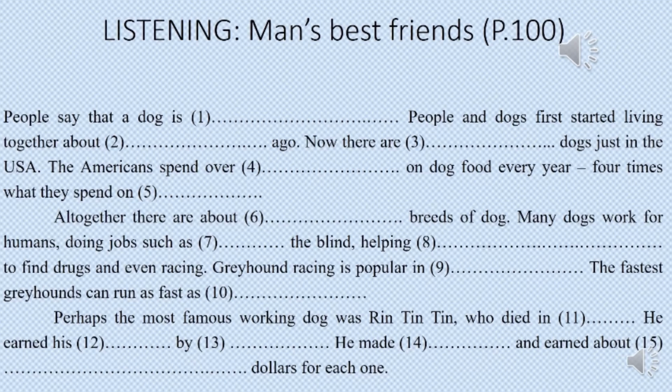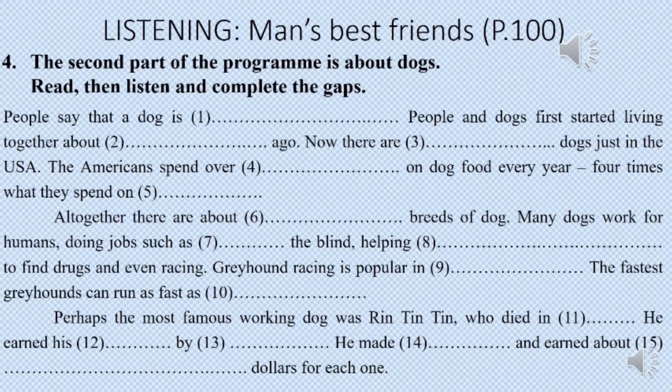Many dogs work for humans, doing jobs such as helping the blind, helping the police and customs officers to find drugs, and even racing. Greyhound racing is popular in many countries. The fastest greyhounds can run as fast as 65 kilometers per hour. Perhaps the most famous working dog was Rin Tin Tin, who died in 1932. He earned his money by making films. He made 50 films and earned about $44,000 for each one.